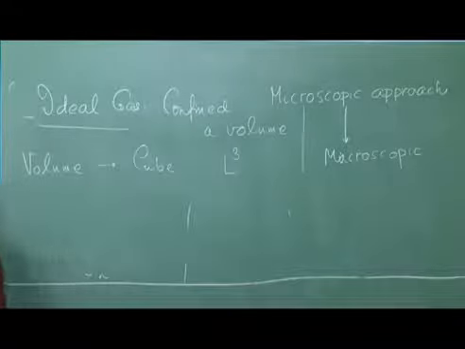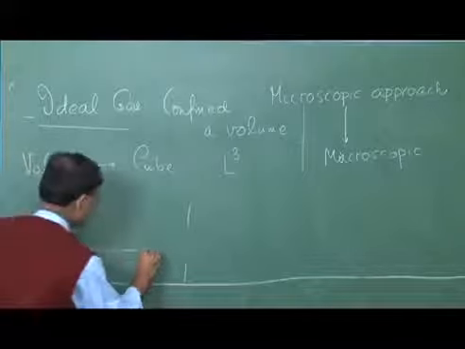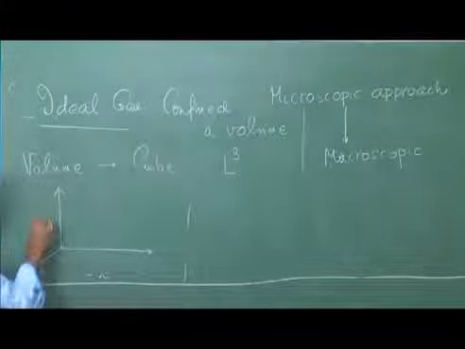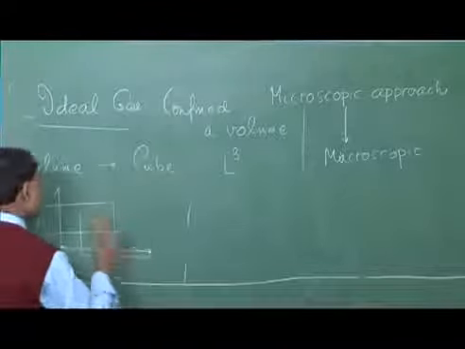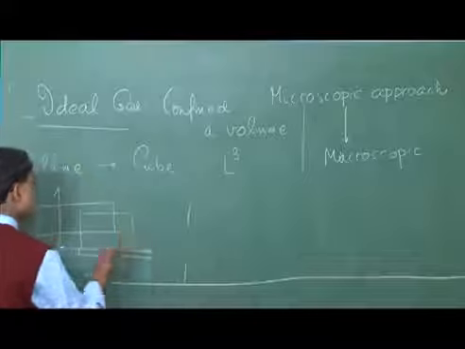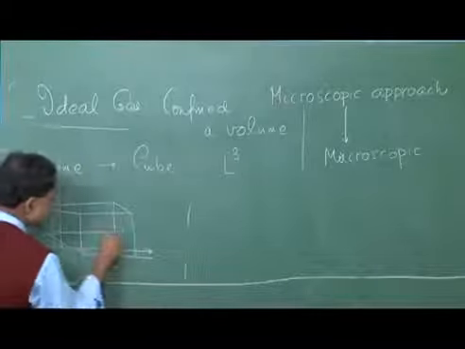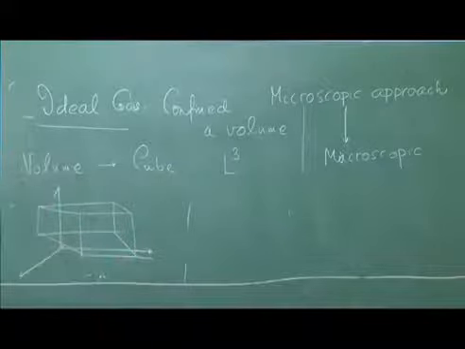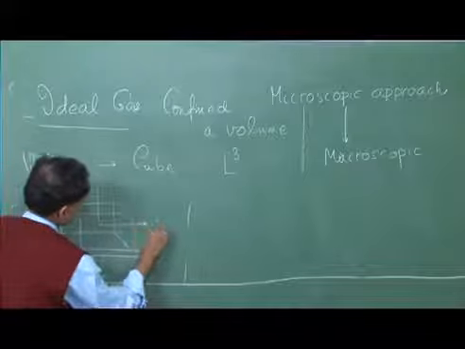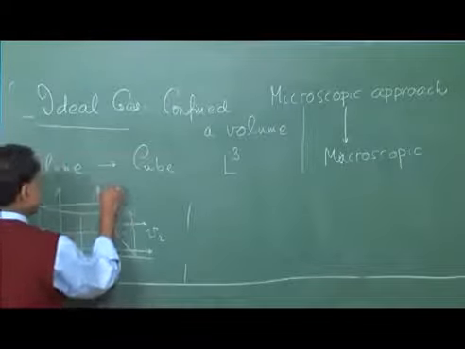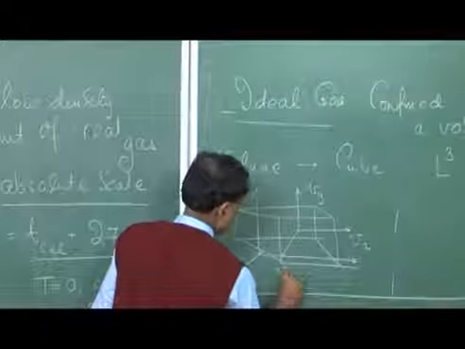The three edges of the cube are each given by L. So this is my container, this is my cube, within which gas particles are moving in every direction randomly, and let us say I have a velocity axis Vx, Vy and Vz if you like.